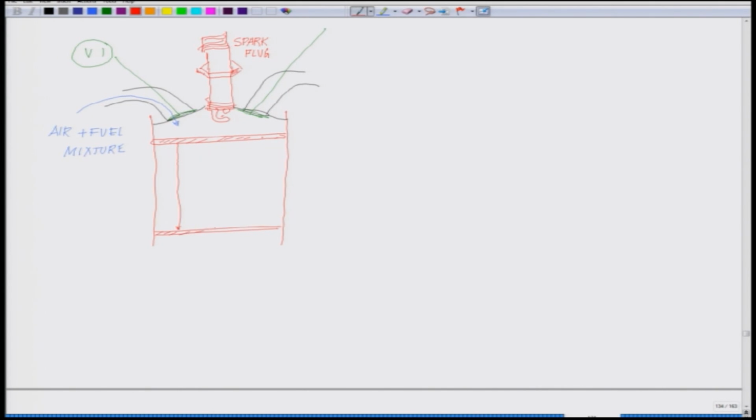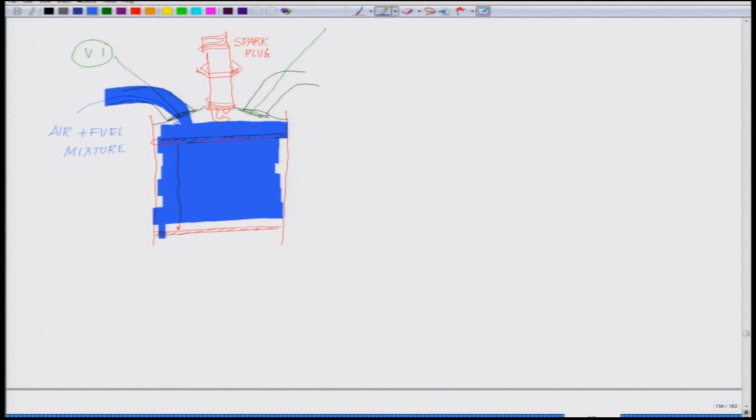Once it moves down, this whole place will be filled with the mixture. So this is step 1, which I just did.